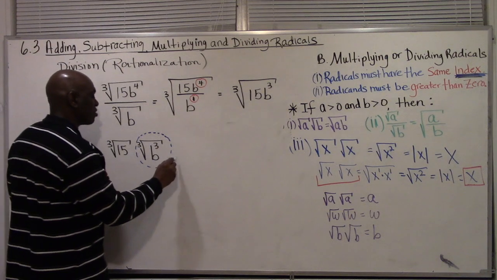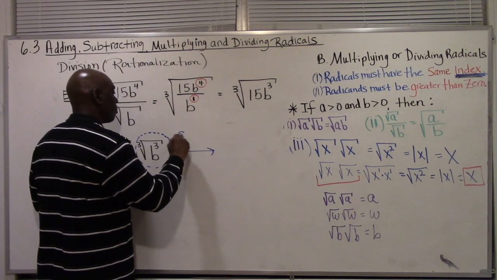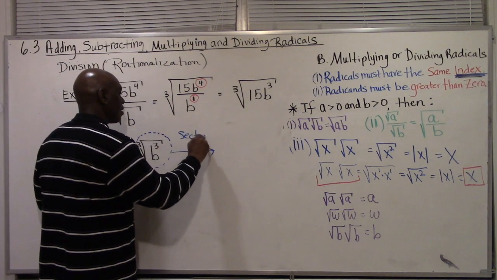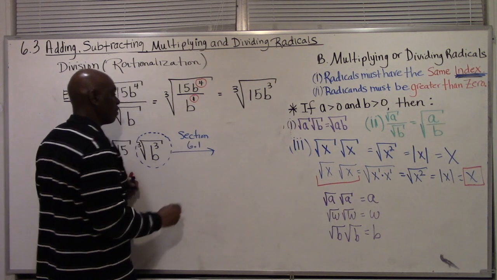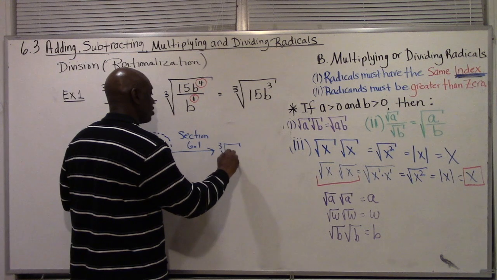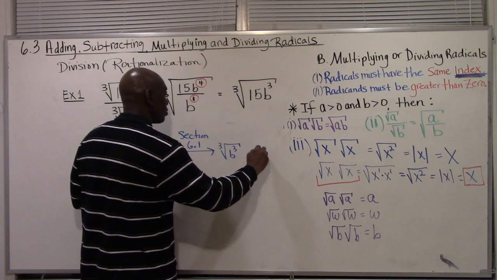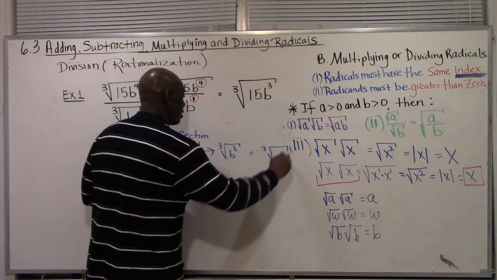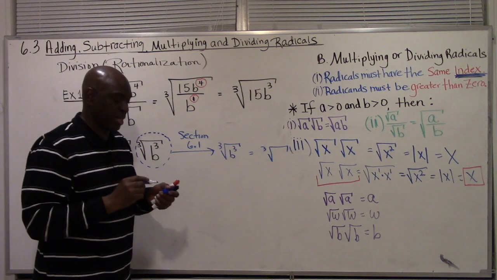Let's go back to section 6.1. The cube root of b cubed equals the cube root. Let's see what goes out, what stays in.